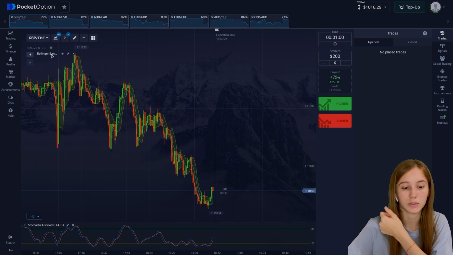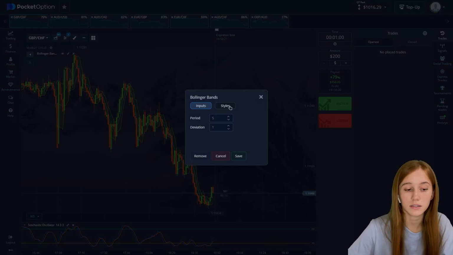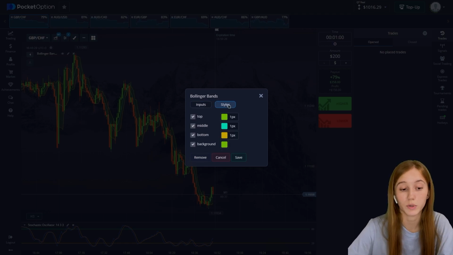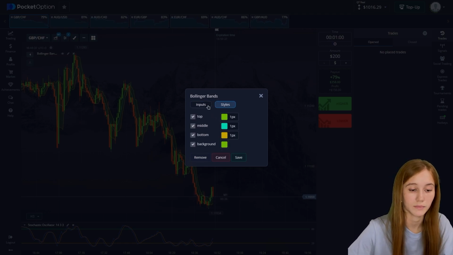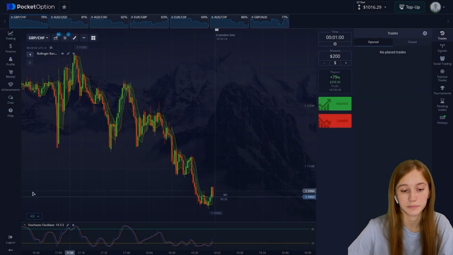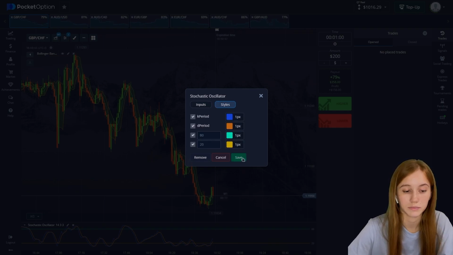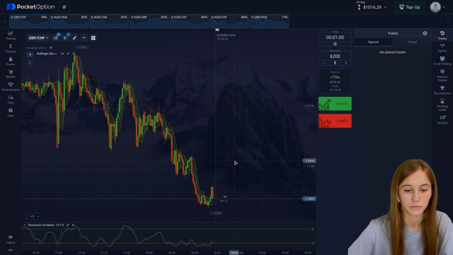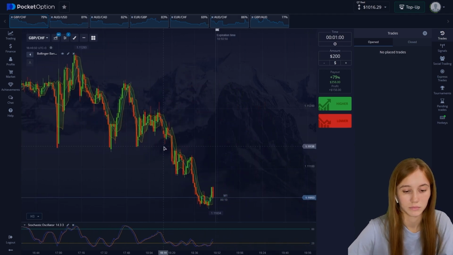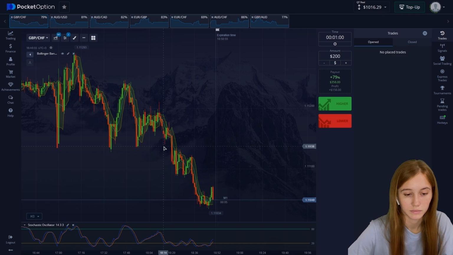We also use technical analysis and 2 indicators: Bollinger Bands, as you see, you can copy the settings, and the stochastic oscillator, you can also copy the settings. So I showed everything, I think.